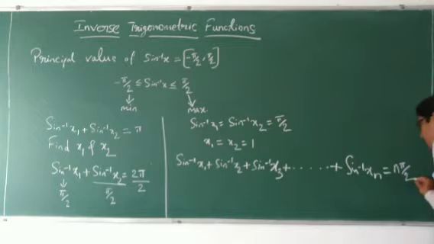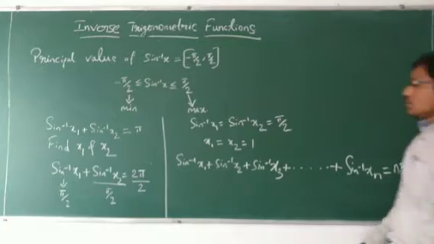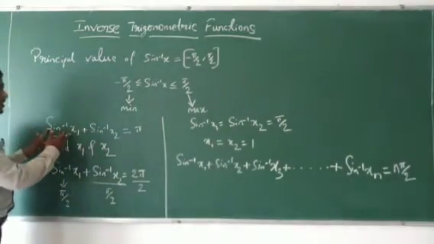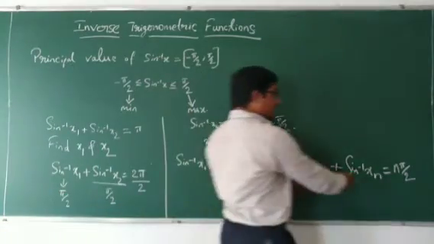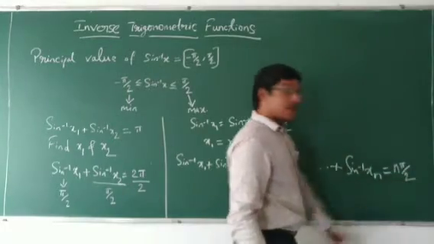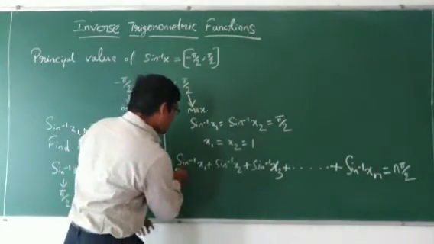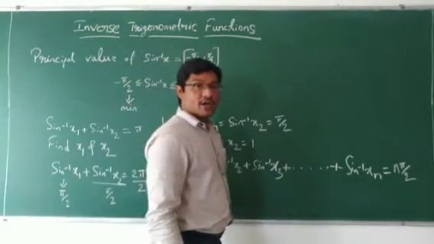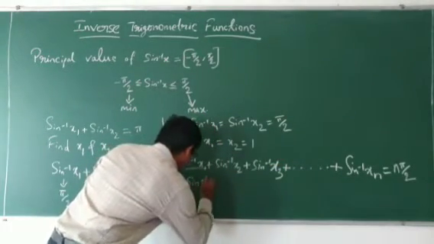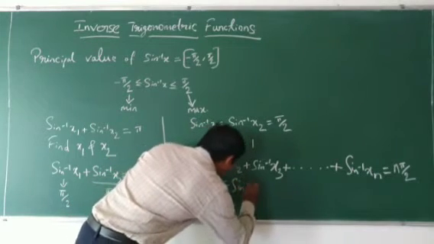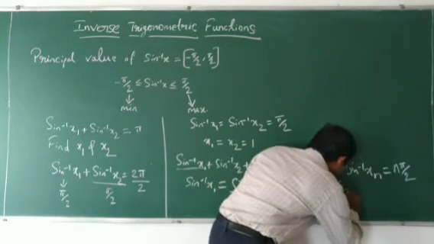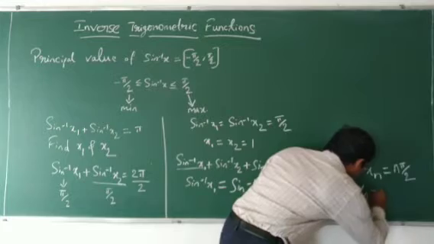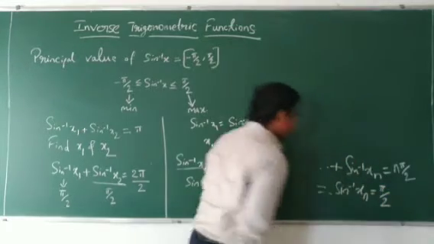Now if you have the sum of these sin inverse equal to n pi by 2, here if you carefully observe, with only two terms it was becoming 2 pi by 2. Here how many terms are there? n terms are there, so it becomes n pi by 2. Again, the maximum value of each term is pi by 2. So sin inverse x1 is equal to sin inverse x2 till sin inverse xn is equal to pi by 2.